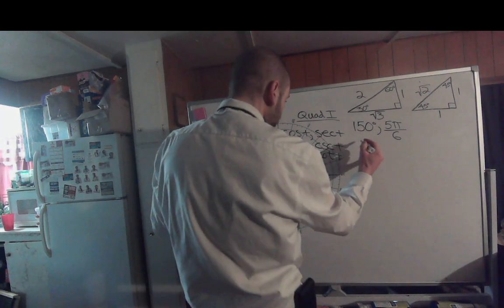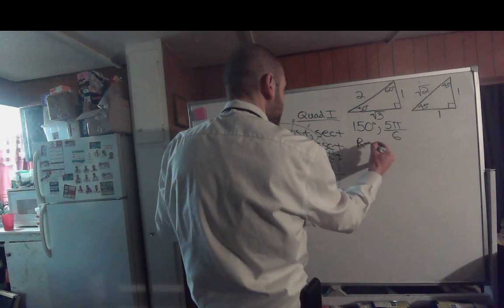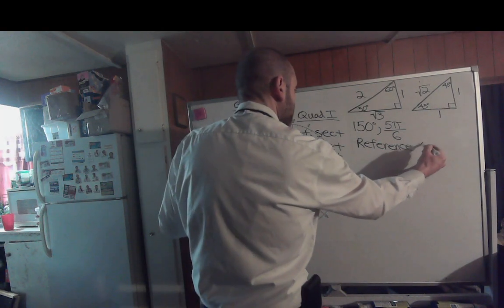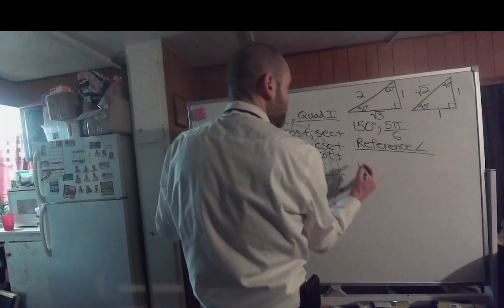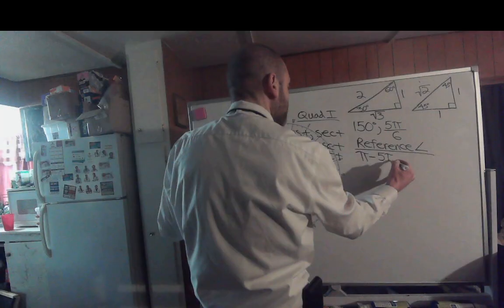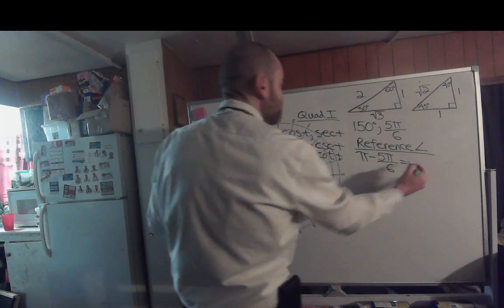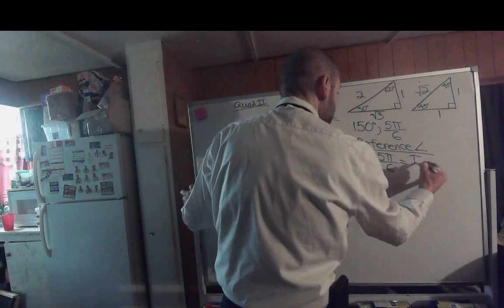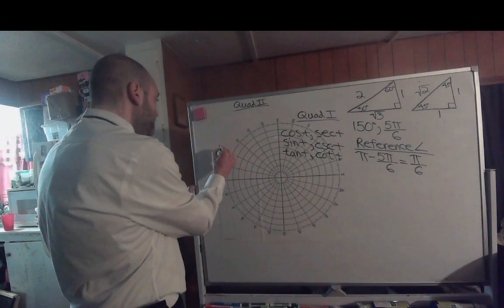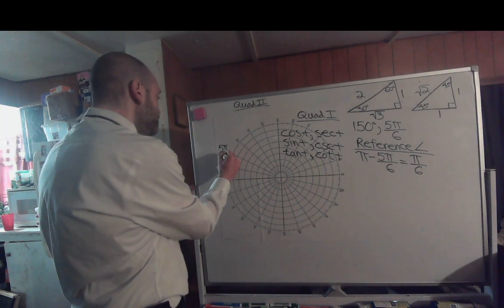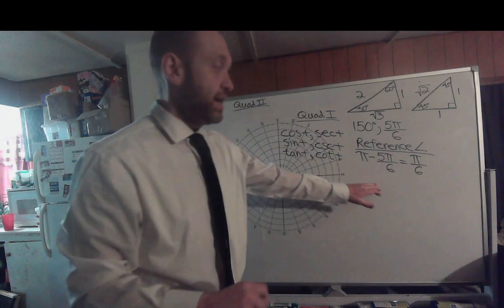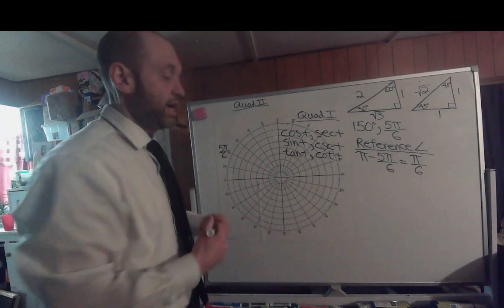So let's find the reference angle first, so we know how to treat this. So you'll take your pi minus 5 pi over 6, which would give you a reference angle of pi over 6, which would be treated like a 30-degree angle. So here's 5 pi over 6, still very much in the second quadrant. Your reference angle you're going to treat like pi over 6, which would be like a 30-degree angle.